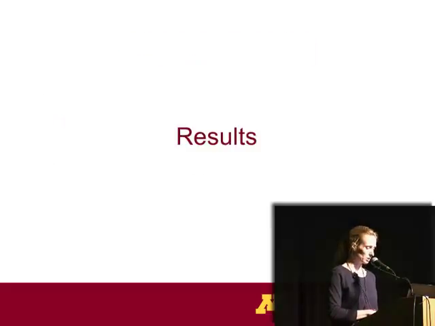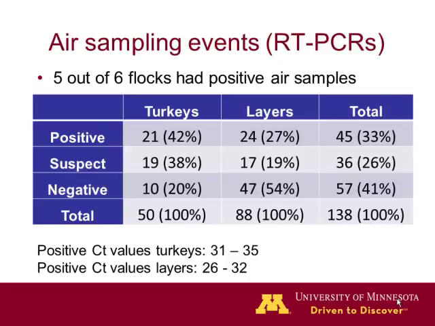If we go to see the results, these are the results for all the sampling events. So 5 out of 6 farms had at least one positive air sample. Here we have the results by species, all the turkeys, all the layer farms, and then the total. So 33% of all our air sample events were positive. 26 of them we put in the range of suspect.